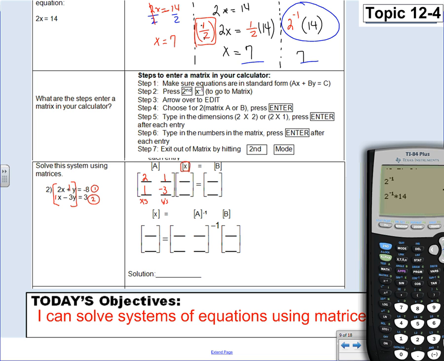We have 2 letters, an X and a Y. I'm trying to figure out what those are. And then last, our matrix B is going to be what these things are equal to. What we have is that they're equal to a -8 and a -3. They are on the other side of the equal sign.